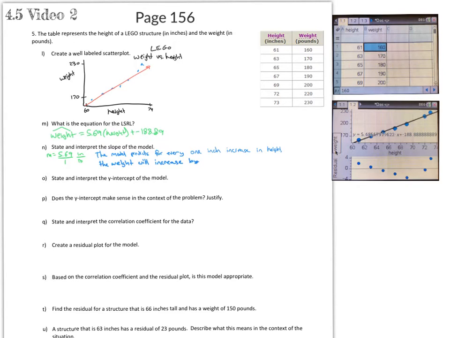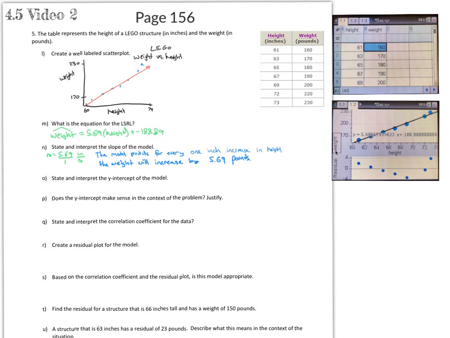We say weight will increase by 5.69, and then the y unit, which is pounds. Okay, so that's what the slope means. The model's predicting for every 1 inch increase in height, the weight is increasing by 5.69 pounds.